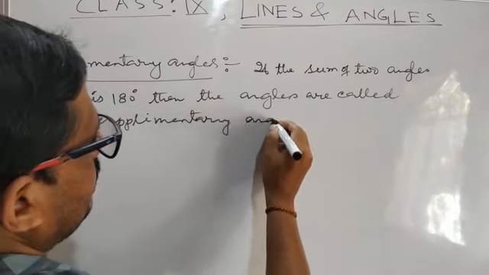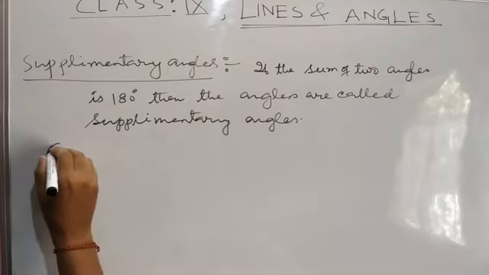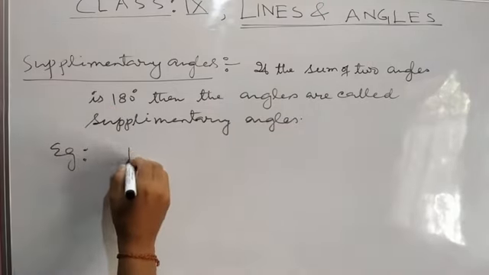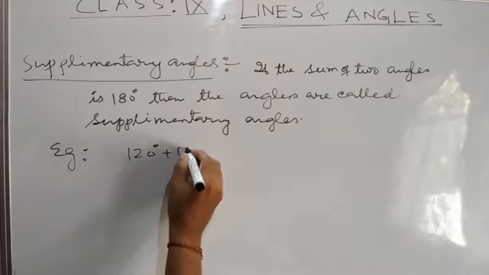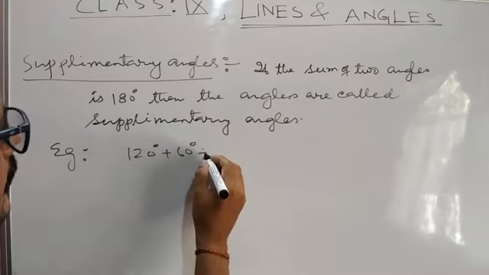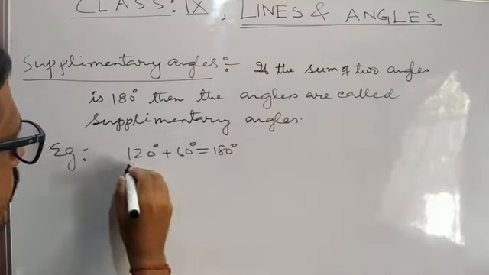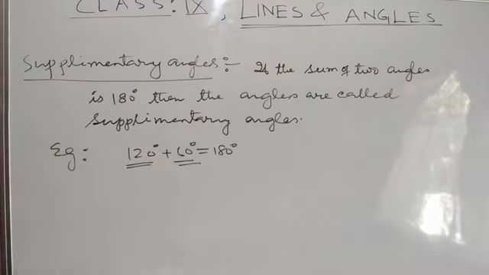As for example, 120 degree plus 60 degree equal to 180 degree. The sum of this and this is 180 degree.